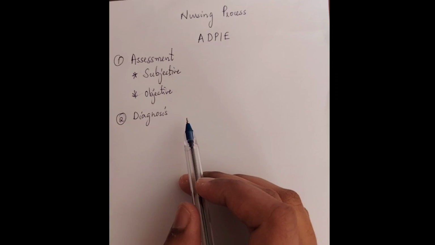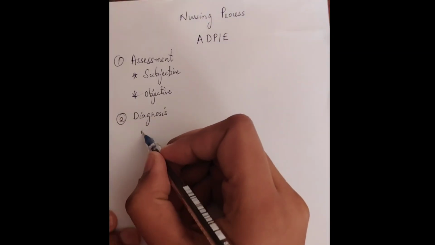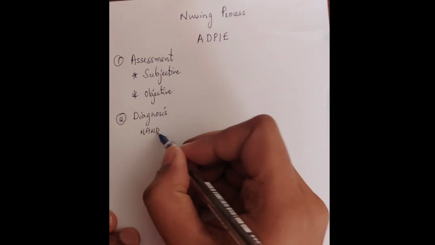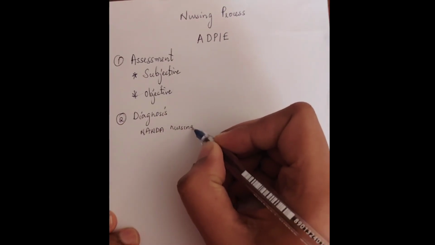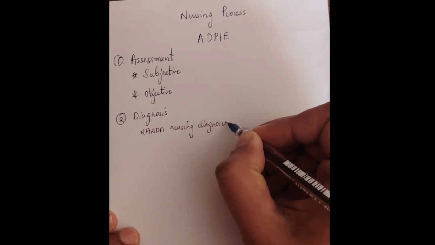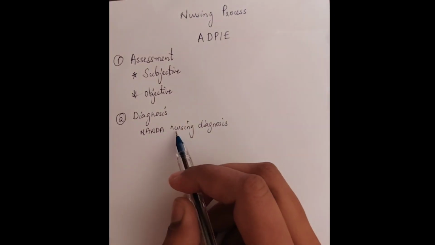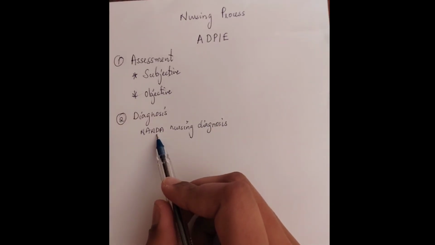Okay, so we as nurses, we will follow the Nanda nursing diagnosis, and then we'll define the diagnosis, or we will put the diagnosis as mentioned in this Nanda nursing diagnosis.